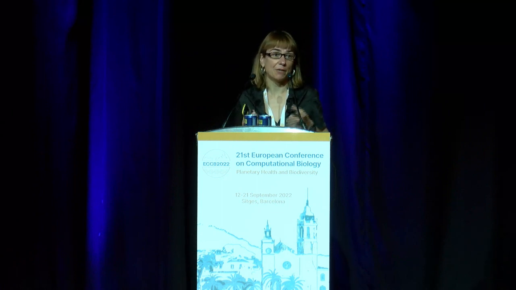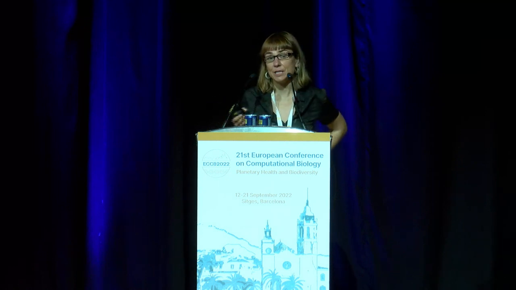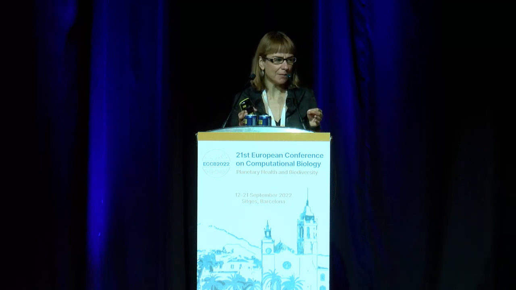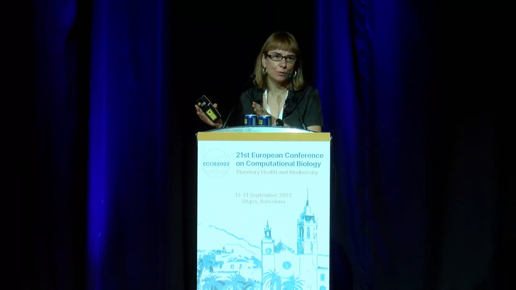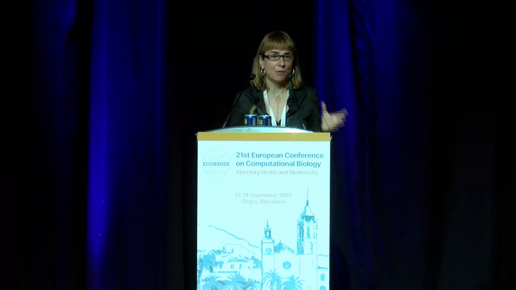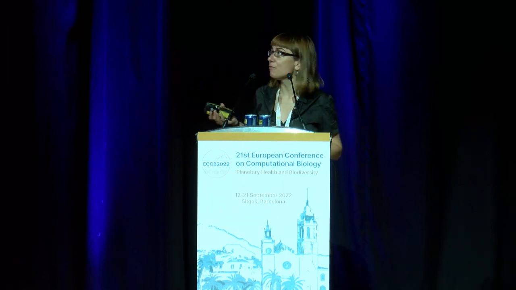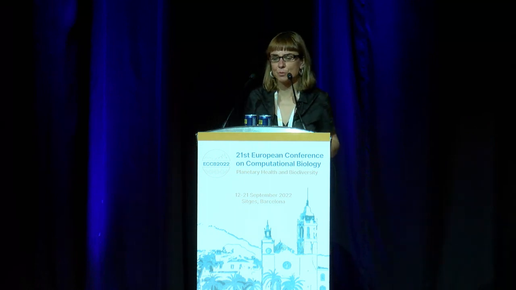Even though the cases are rare, what is a rare disease? There are several definitions, but in Europe, a rare disease is one that affects one person out of 2,000 people. So even though the cases are rare, the patients are numerous. In fact, 7% of the global population suffers from a rare disease. So it's a huge problem.